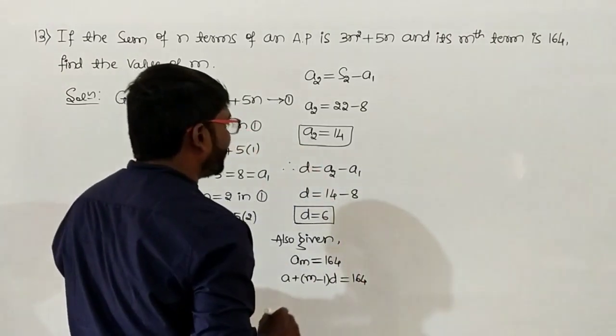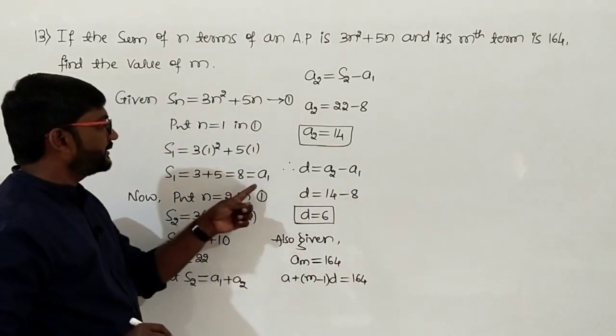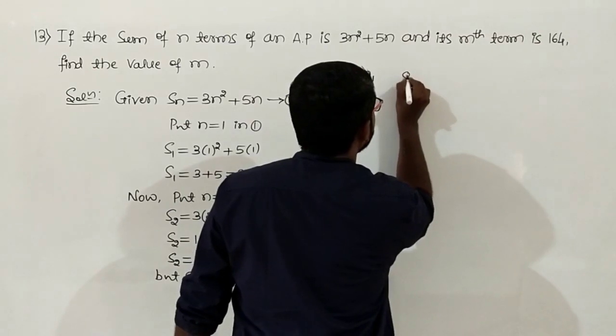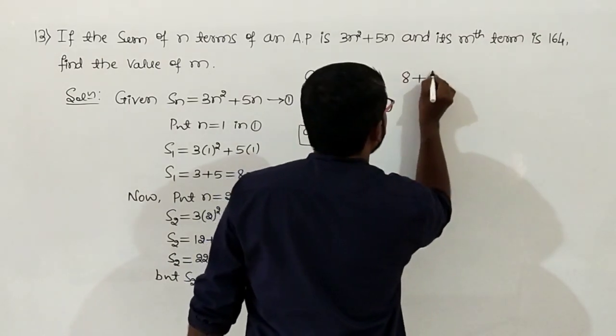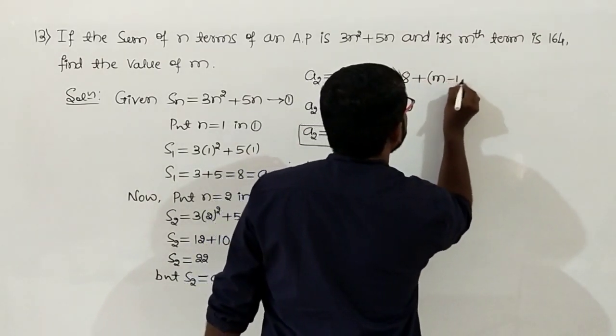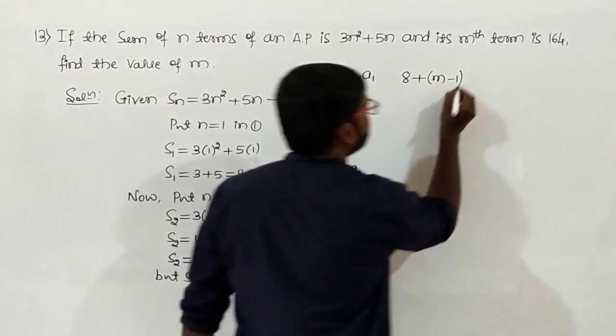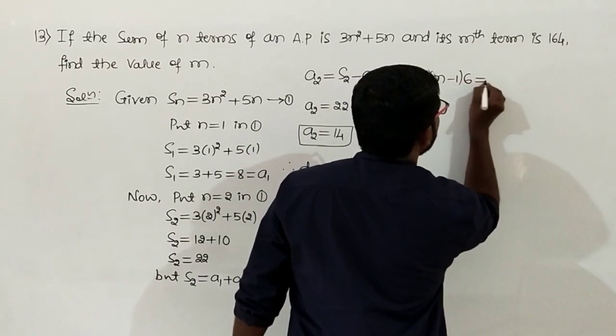Let us substitute the values now. A is A1 here, that is 8. So it is 8 plus M minus 1 into D, D is 6.